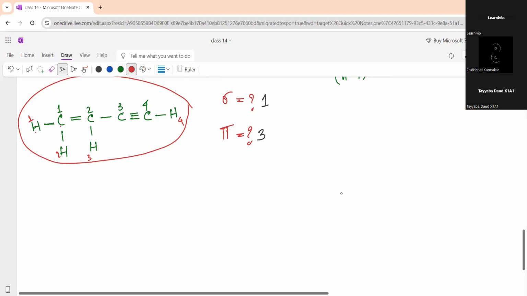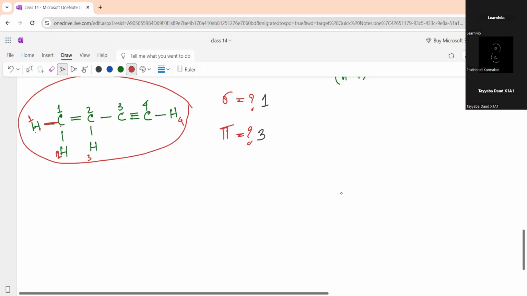Carbon 1 and hydrogen 1, how many bonds do they share? There's only one bond, right? One hydrogen and one carbon. There's clearly only one bond.